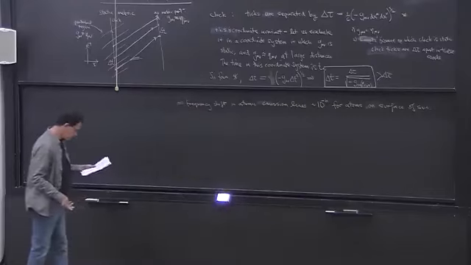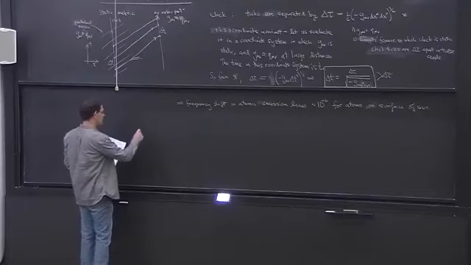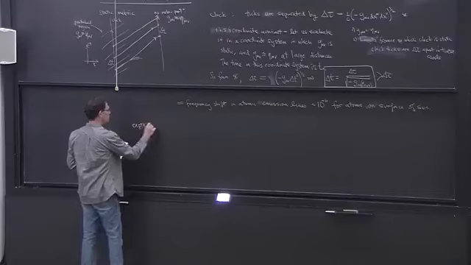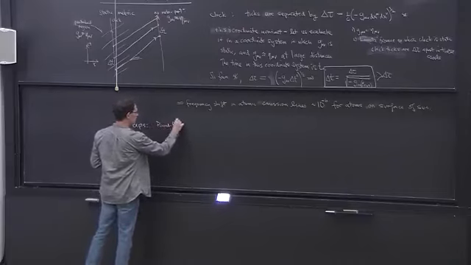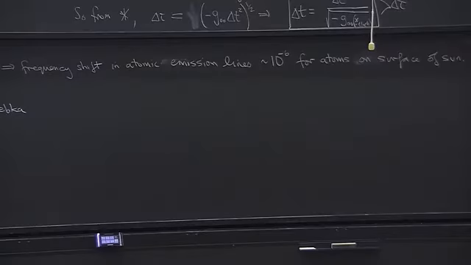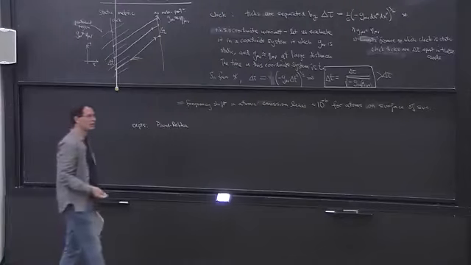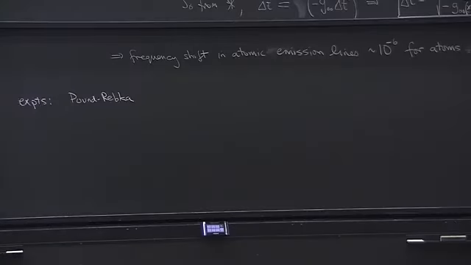In fact, the most accurate experiments measuring gravitational time dilation... There was a very famous experiment at Harvard where they used the physics building, and they used the Mossbauer effect, which is a very precise way to detect tiny shifts in radiation frequencies.